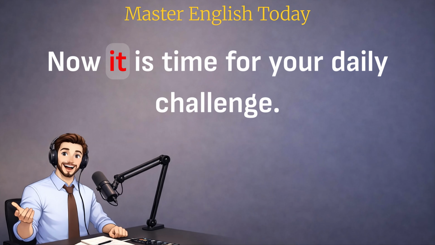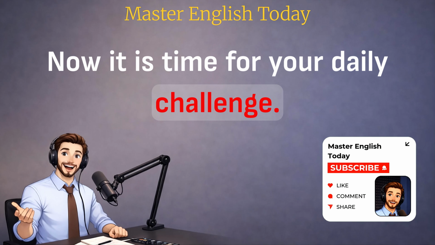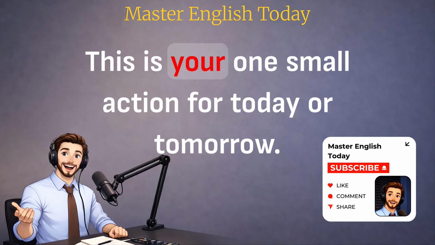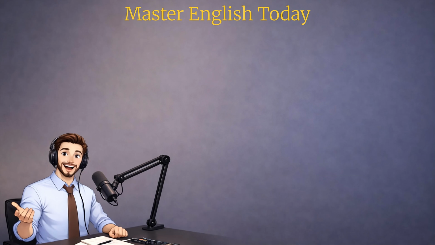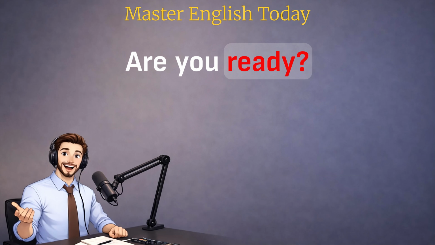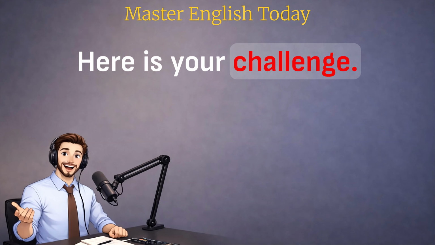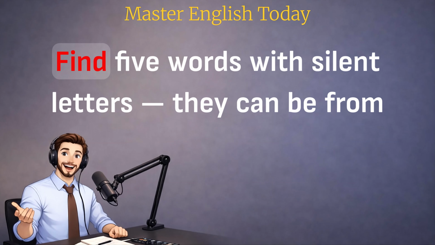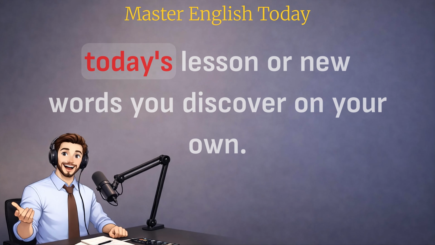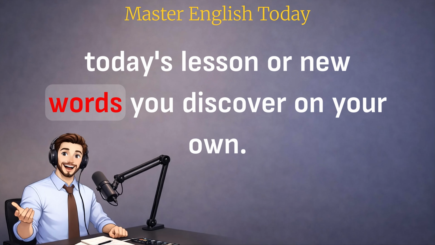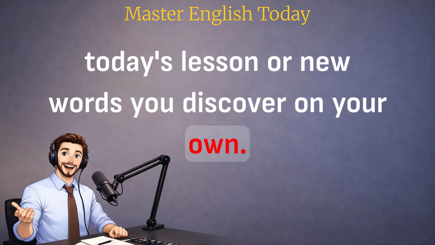Now, it is time for your daily challenge. This is your one small action for today or tomorrow. Are you ready? Here is your challenge. Find 5 words with silent letters. They can be from today's lesson or new words you discover on your own.